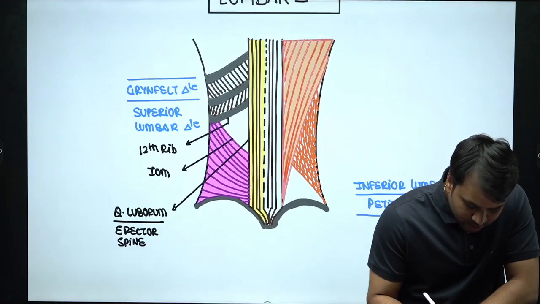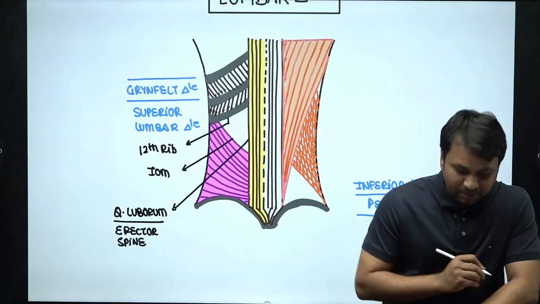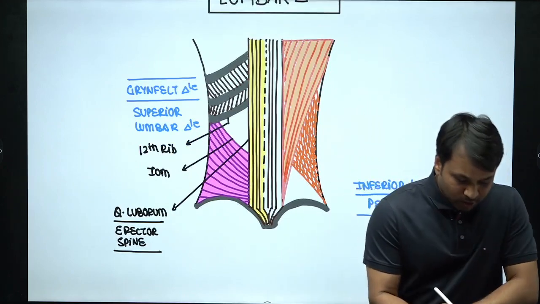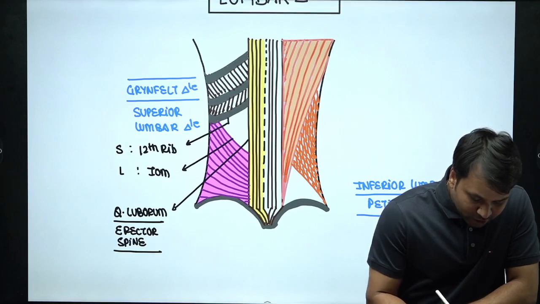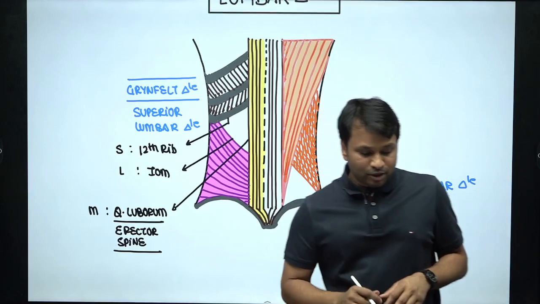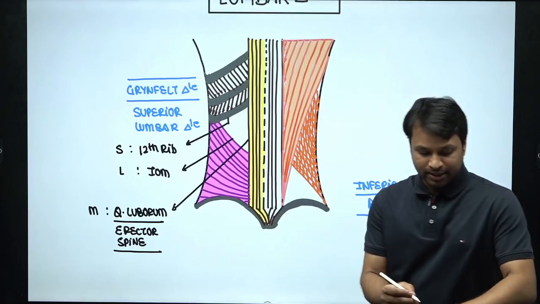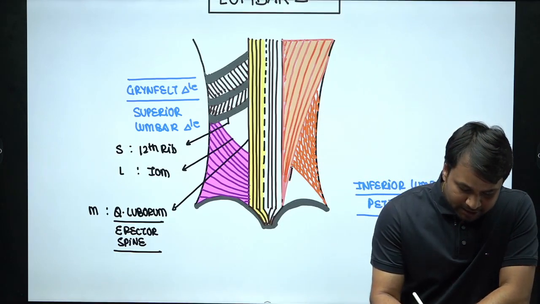These are the two muscles which form the medial boundary. So the 12th rib is superior, internal oblique is lateral, and quadratus lumborum is your medial boundary.